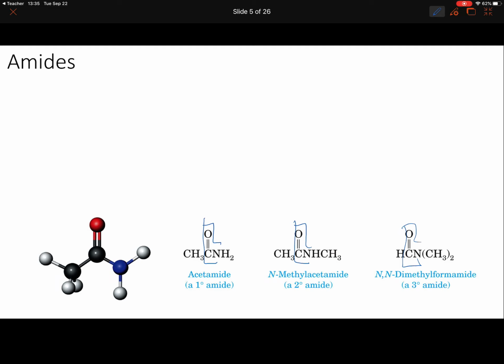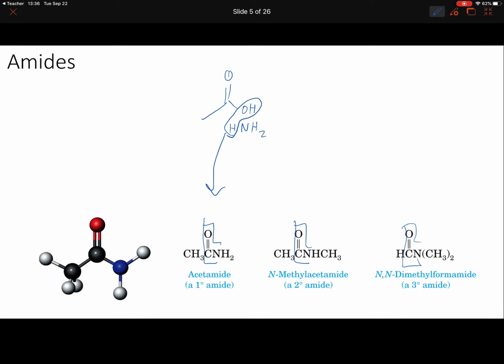Oic acid or ic acid gets dropped, and we add amide. So this guy right here was acetic acid before we stuck in the NH2, right? This is the water that left. And so acetic acid becomes acetamide.